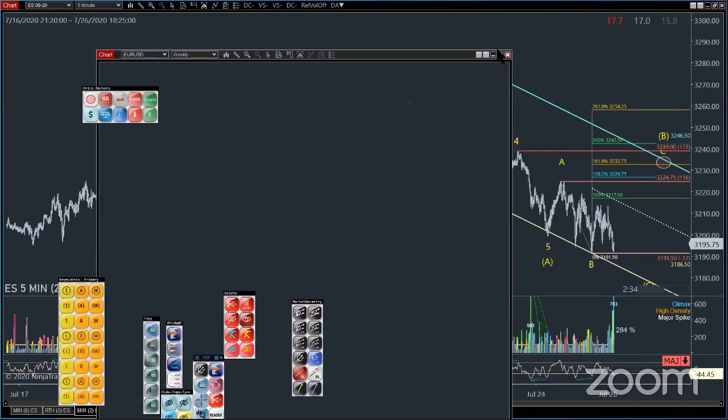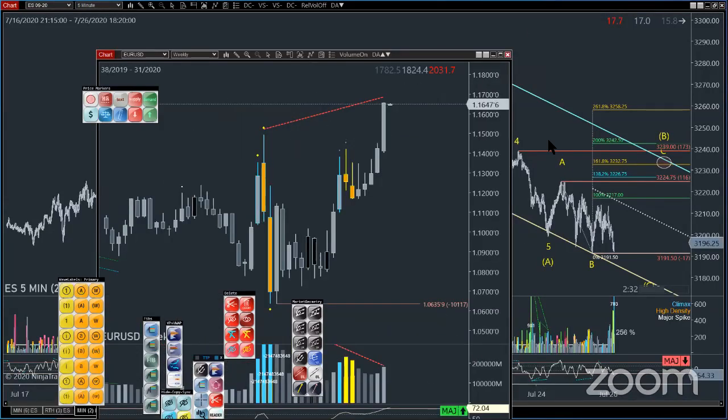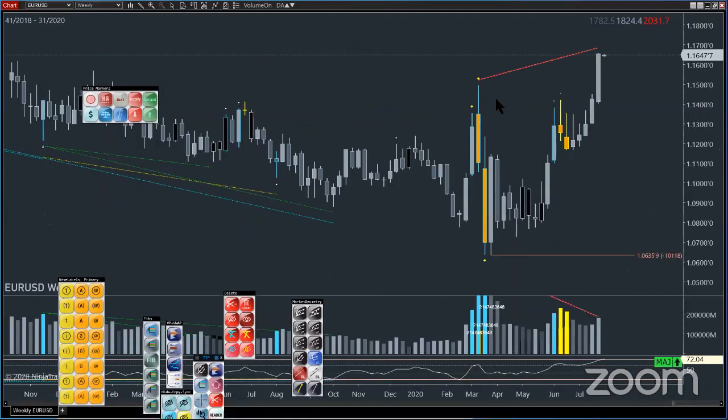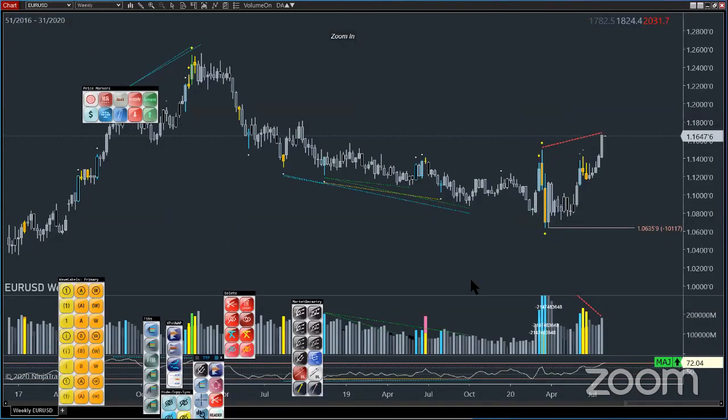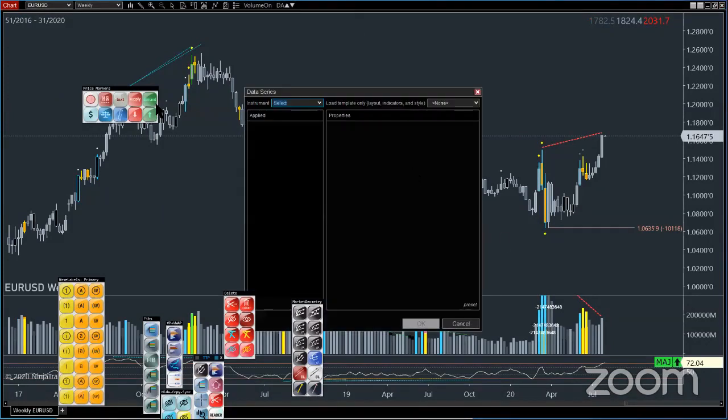This is such a beautiful chart too. It's so crystal clear. Man, it's just amazing. The 60-minute and the 30-minute, it's just beautiful.